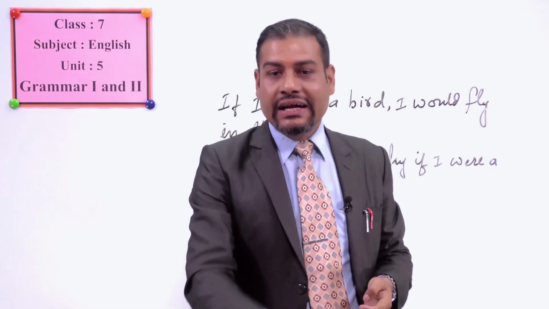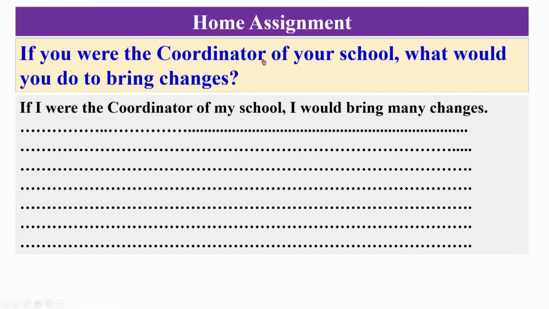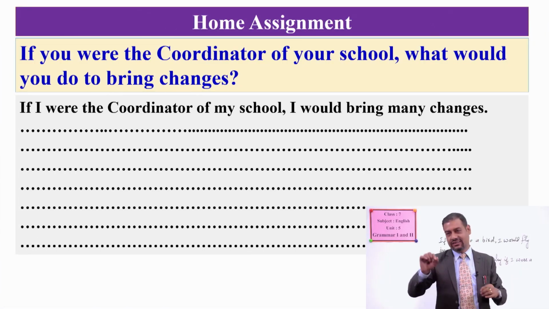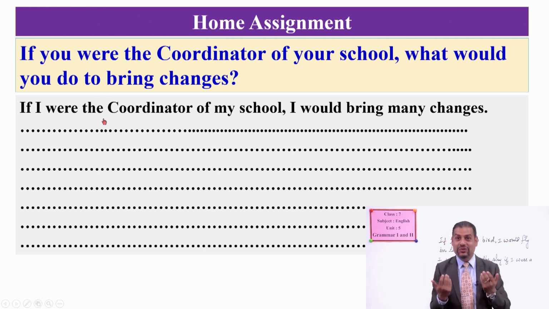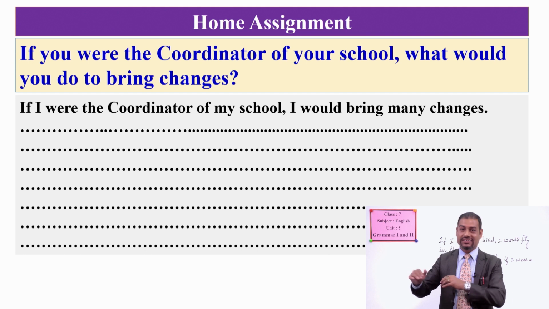Very good. If so, now I have a task again for you. It is your homework under the second part, under grammar 2, okay, and it's interesting. Now you have to imagine yourself, if you were the coordinator of your school, what would you do to bring changes? Suppose you are the coordinator of your school, and then what changes do you want to bring? It is imagination.